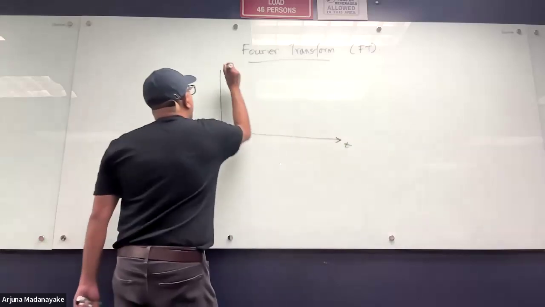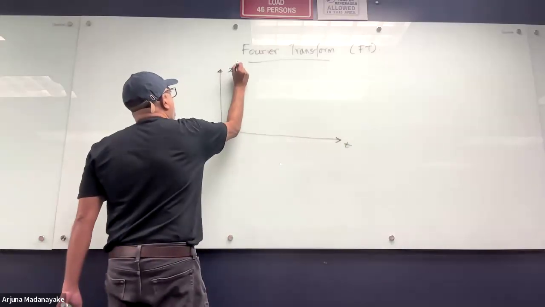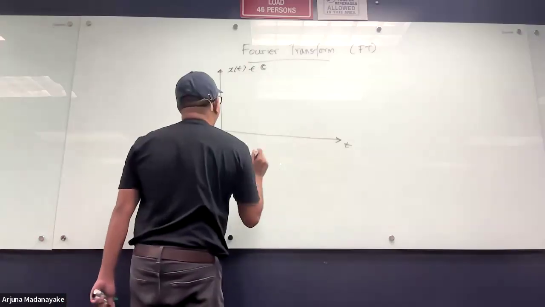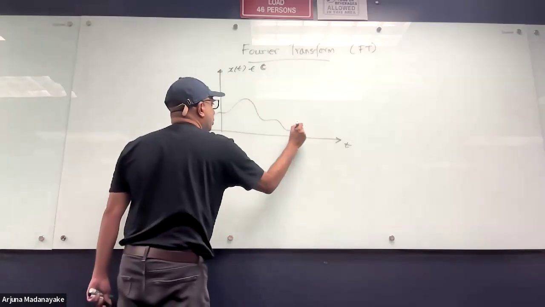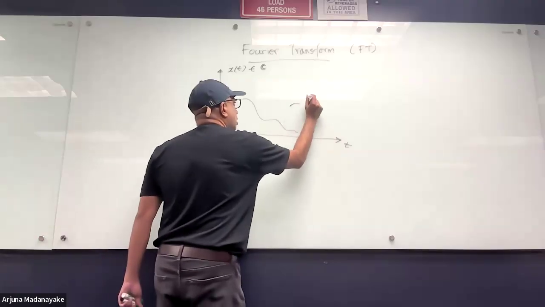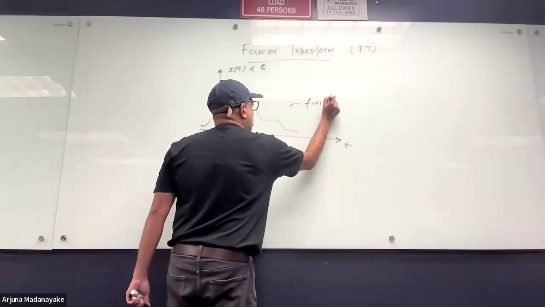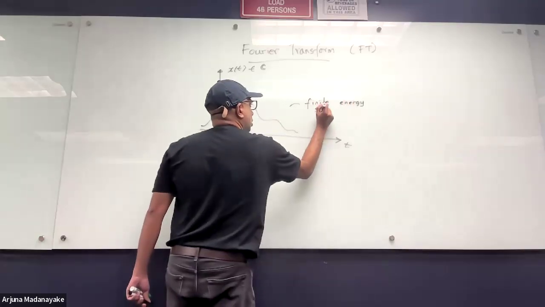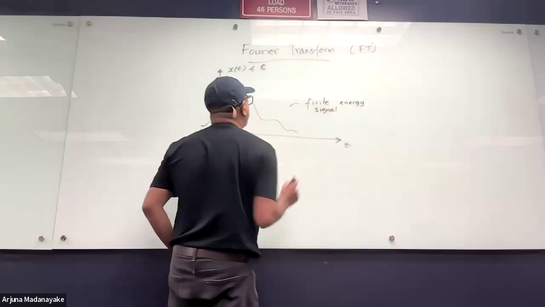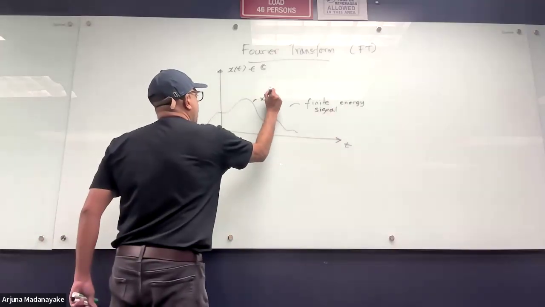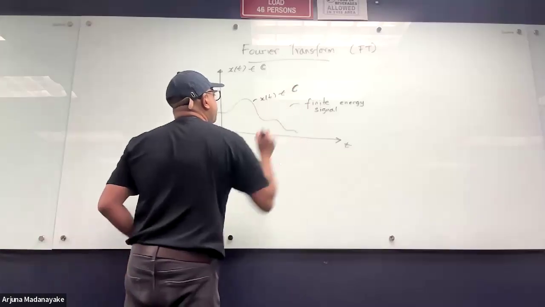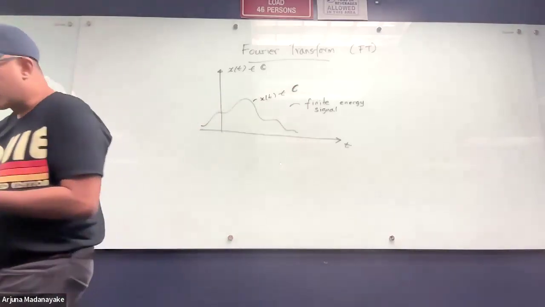This is a waveform that falls under the category of signals that are Fourier transformable. This is a finite energy signal. Generally speaking, it is complex valued, but it doesn't have to be. It could be real too.